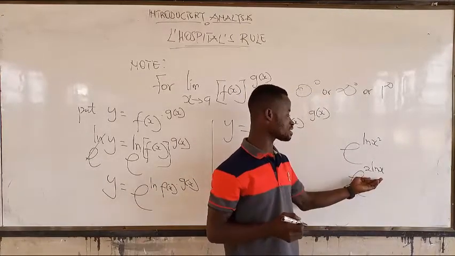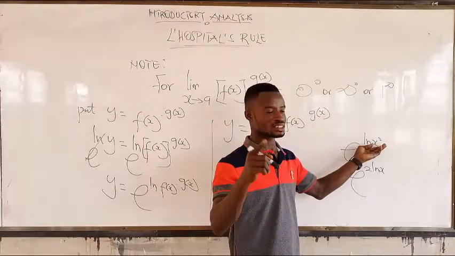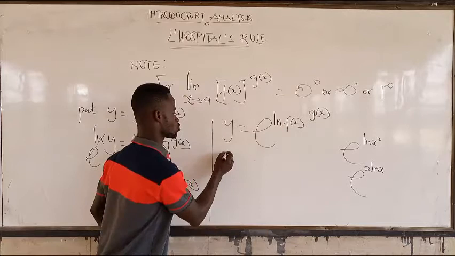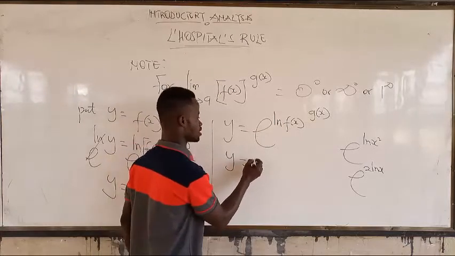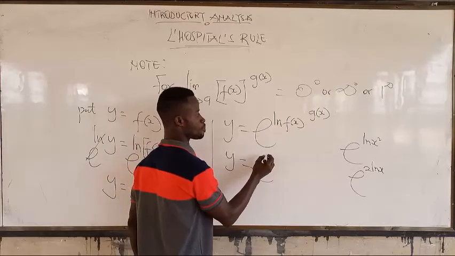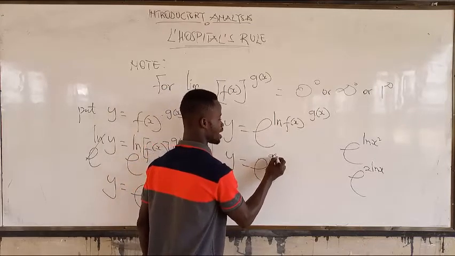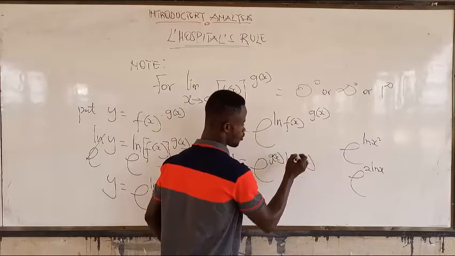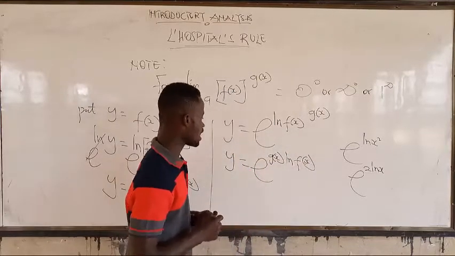So having this is the same as having this. Therefore, if you have this, it's going to be the same as e raised to the power of g of s times ln of f of s. Hope you can see that.